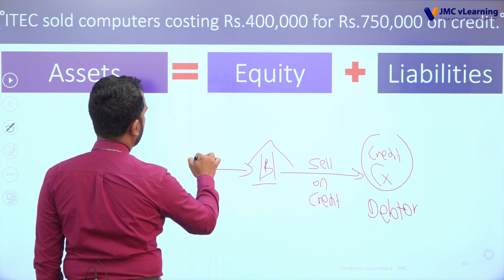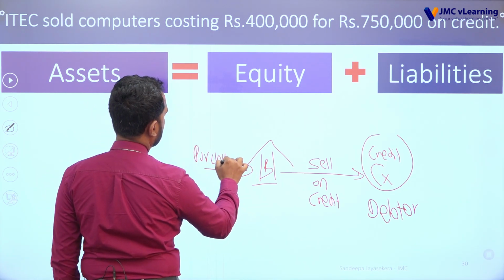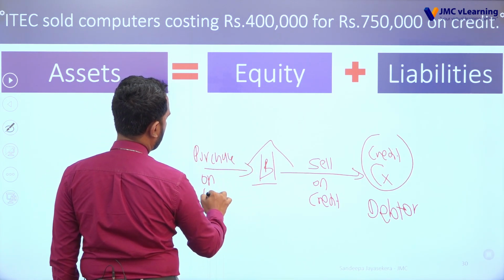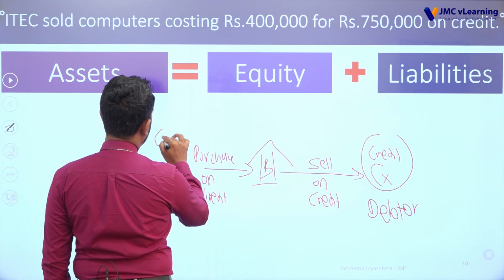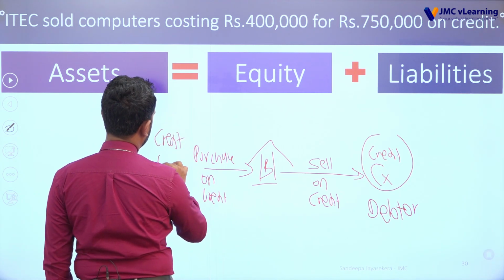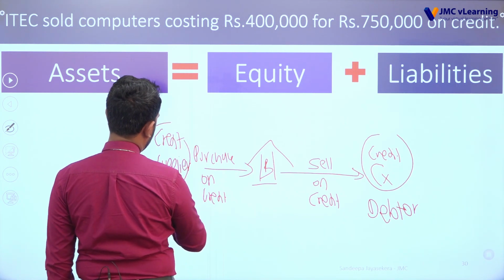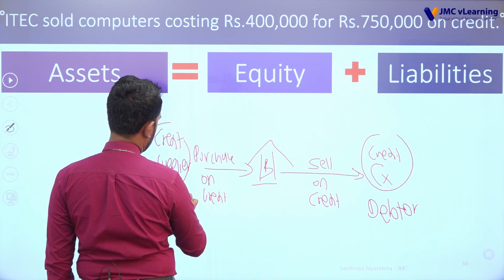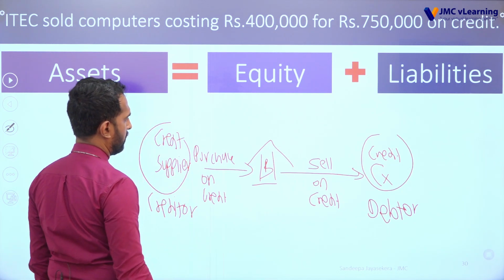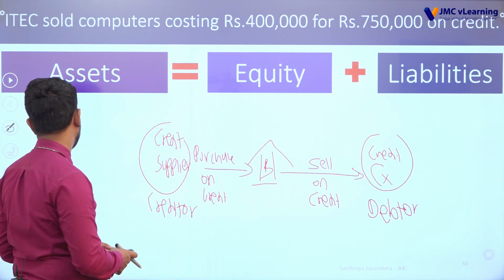When the business purchases items on credit, that credit supplier is what we call the creditor. Okay, that you need to understand, right?